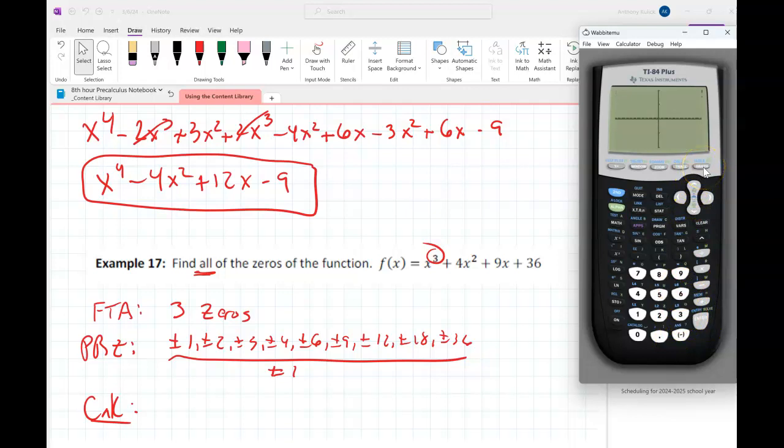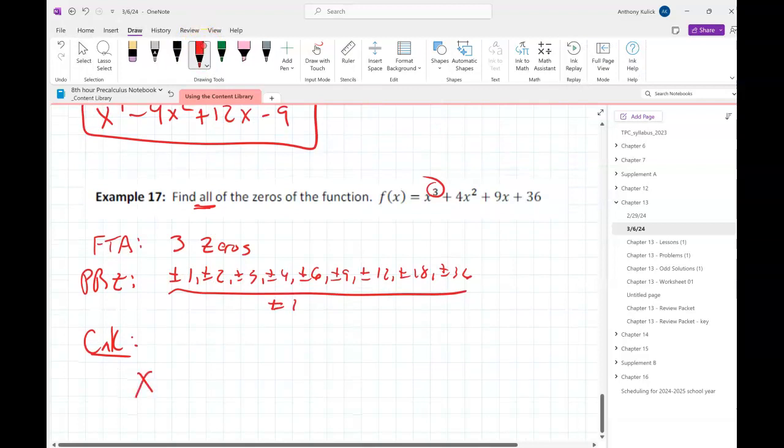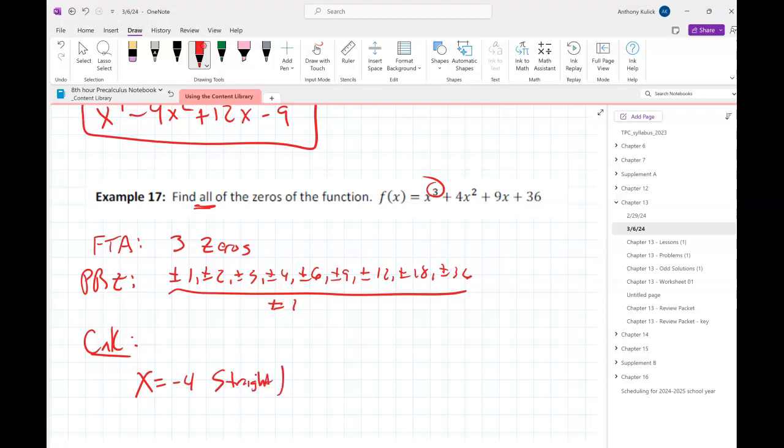Hit graph. Looks like everything's happening here around maybe -3 or -4. So I'll just reset my window. So it looks like that's a -4. That's 1 real 0.